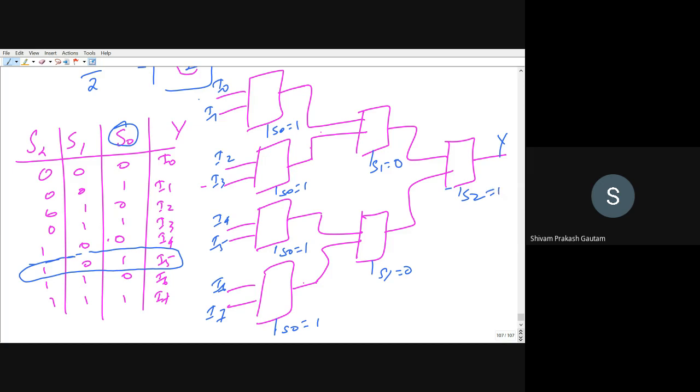So just tell me, these are all 2x1 muxes. What will be the output here? At this point, what will be the output? I1. I1, correct? And here?